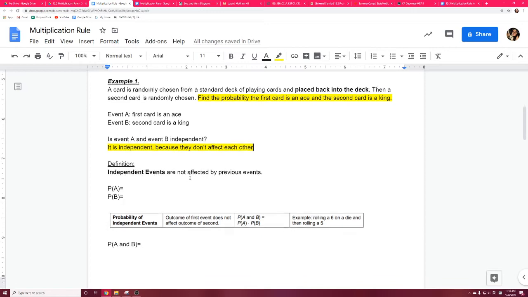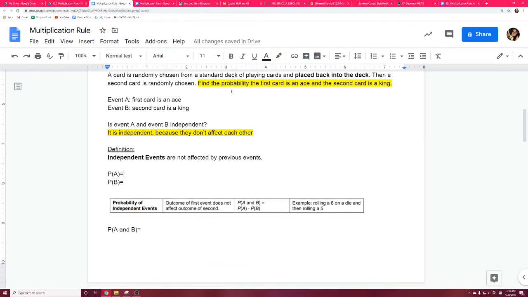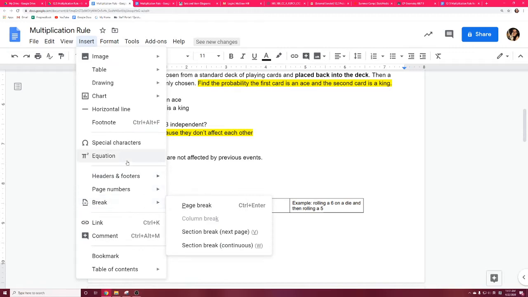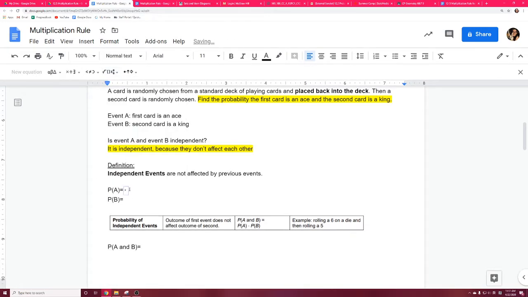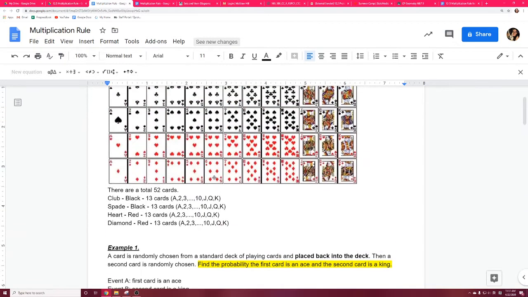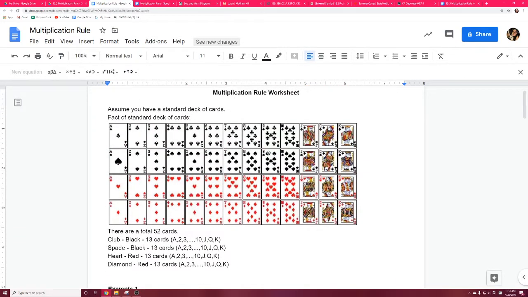Okay, so what is the probability of event A? We said the probability is equal to a fraction. On the top will be your desired outcome. Your desired outcome for A is the first card is an ace. So you go back to your deck of cards and see how many aces you have.